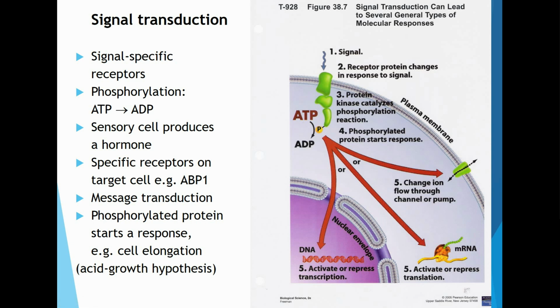If it is a mechanical response, if it is a physical response such as the leaf shutting closed on the Venus flytrap or the forget-me-nots, it will go straight to this ion pump. So you have a signal coming in, you have a specific signal, specific receptor cell. We have a bit of energy being used so that the sensory cell can produce a hormone.